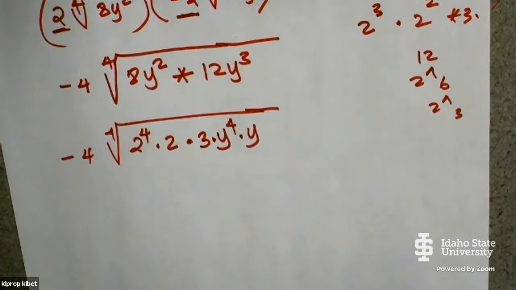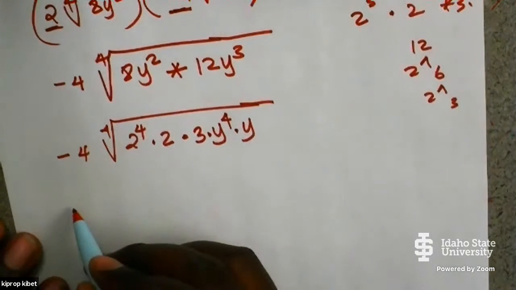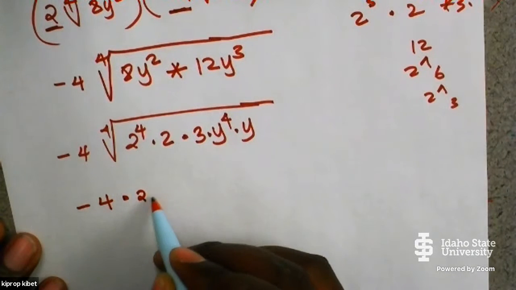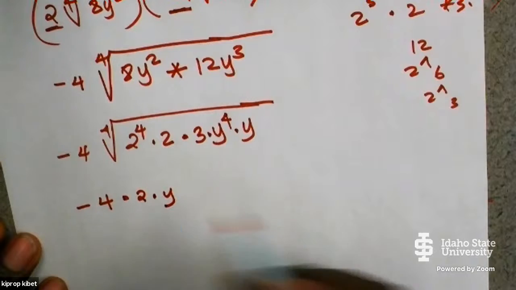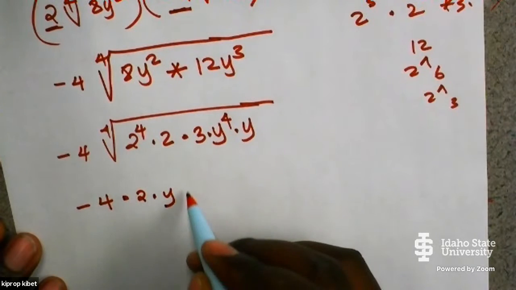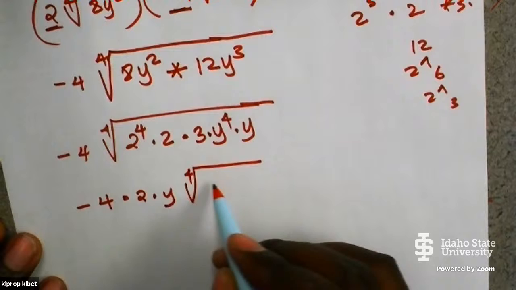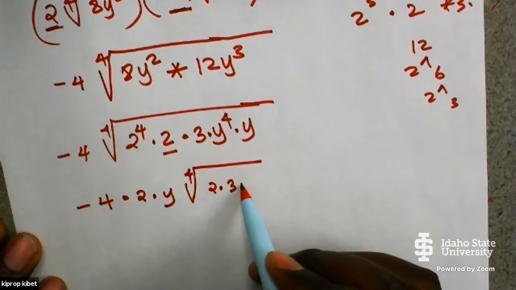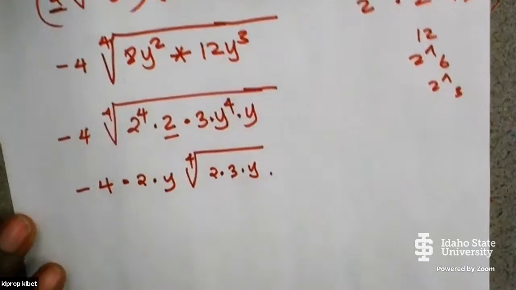So finally, when you simplify, it becomes minus 4 multiplied by 2 multiplied by y. Okay? And then the 4th root of 2 multiplied by 3 multiplied by y is the remaining radical.